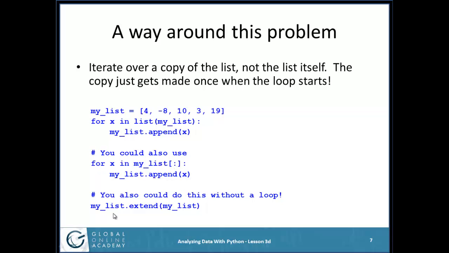Of course, you could do this without a loop if you just remembered some of those list functions we did in Lesson 3a. If you do my_list.extend instead of append, it says take all the elements in my_list and stick them on the end of the existing list. And that would work just as well.